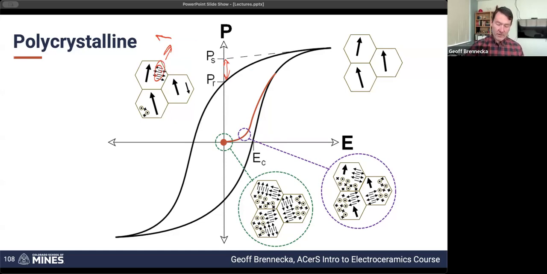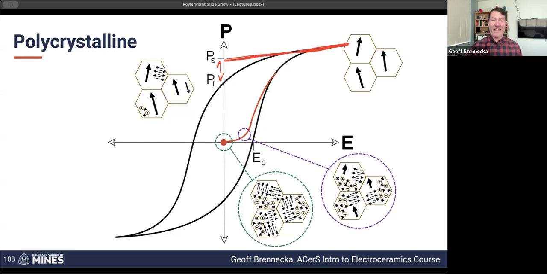And with that, it also developed 180-degree domain walls. And so we end up with this polydomain response after removing the field. And that's why there's a finite difference between this and the saturated polarization. So the PS is saturated. If we extrapolate this value back to the axis, that's PS.